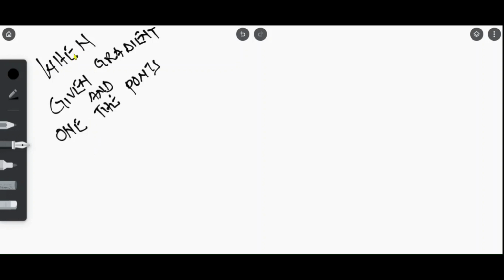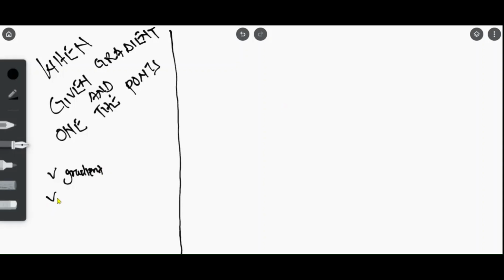When I am given the gradient and one of the points, my work has been made easier, because the steps are still the same. The first step is to find the gradient.